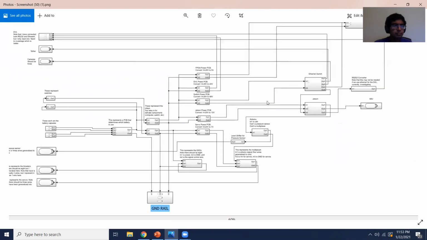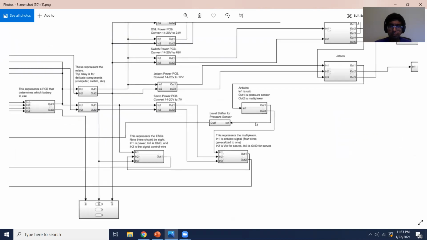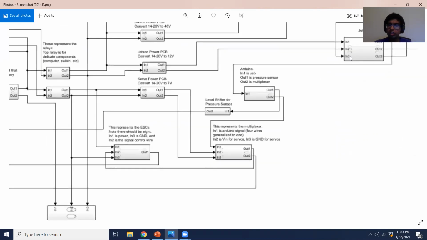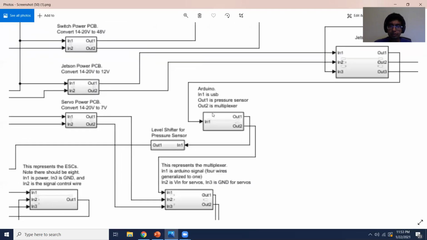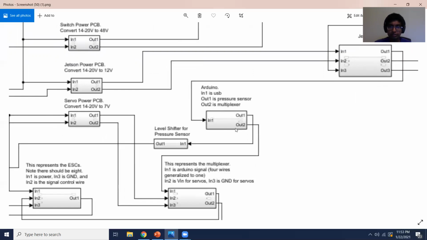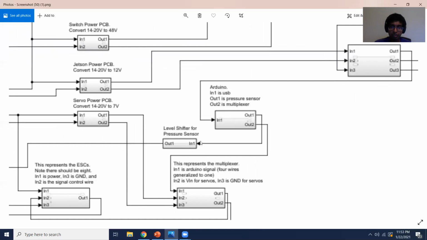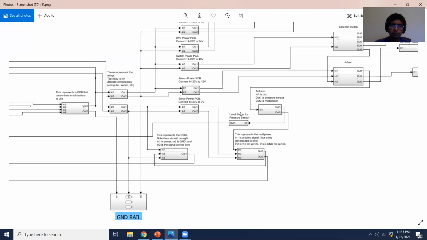All right, in terms of our embedded systems, the Arduino is connected to our computer via USB. That's this location here. The Arduino, as you can see, is connected to 2 things: the multiplexer and the level shifter. I'll go over the level shifter first because it's pretty simple.